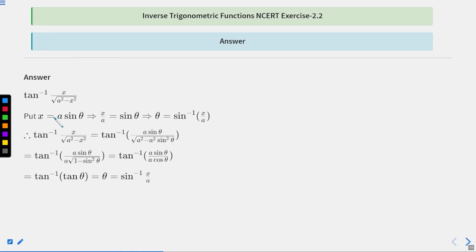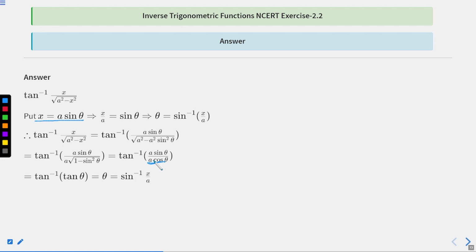So putting x equals a sin theta, sin theta will be x by a, and this implies theta equals sin inverse x by a. Now tan inverse of x over root a square minus x square will be a sin theta over root a square minus a square sin square theta. This will become a cos theta.